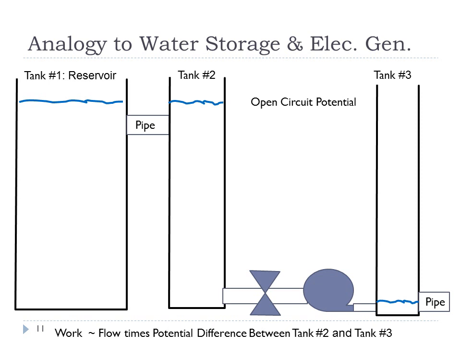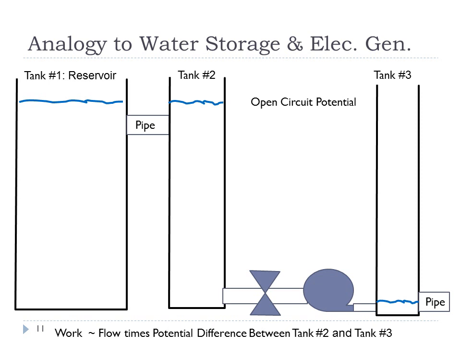Then we have our open circuit potential between the anode, tank 2, and tank 3, the cathode. Then we have a pipe going to the air side, so we'd be flowing air in this analogy. And in air there is virtually zero hydrogen, because it will oxidize with oxygen and make water vapor. So think about this either as a reservoir of hydrogen, or just as a water reservoir, in which case it's a water turbine.